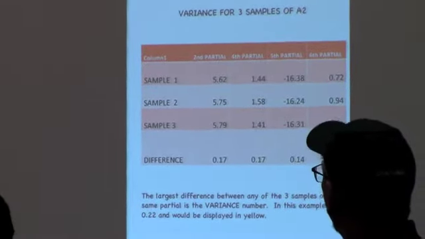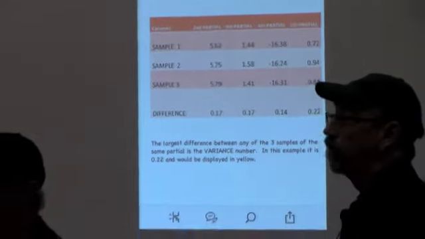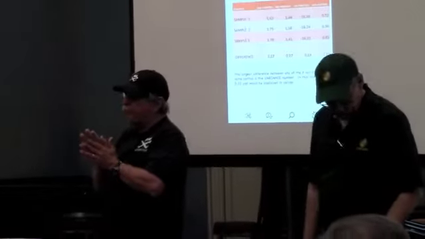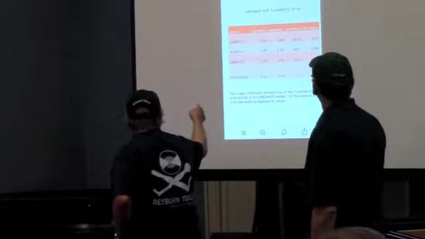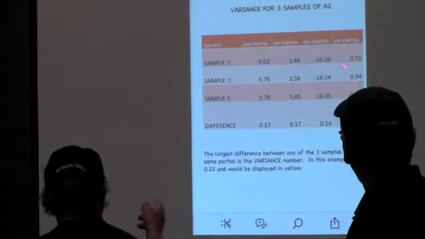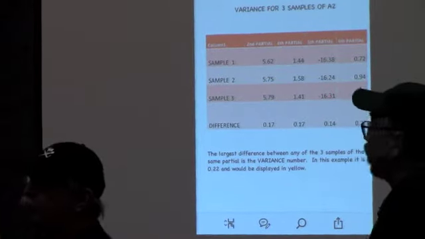The number that you see displayed in that box is the worst discrepancy at any partial of the 3 different samples. So what you're seeing here on the 6th partial, the worst discrepancy was between 0.72 and 0.94, it was 0.22, and the number that would show up in the circle would be 0.22.